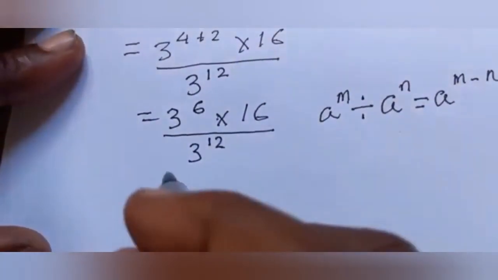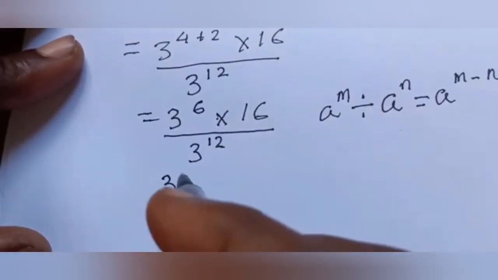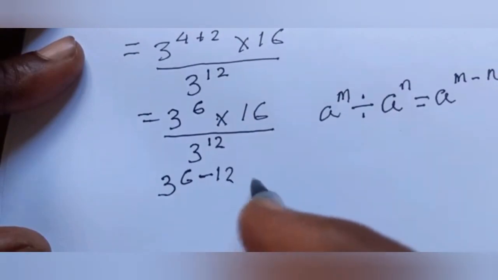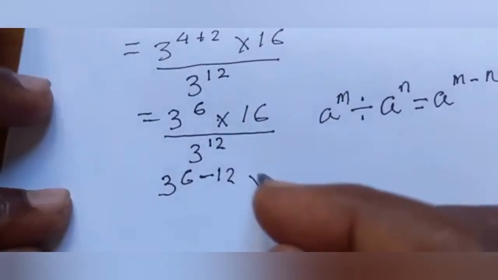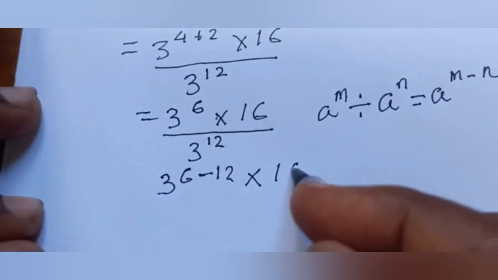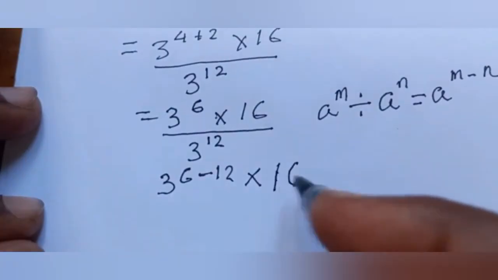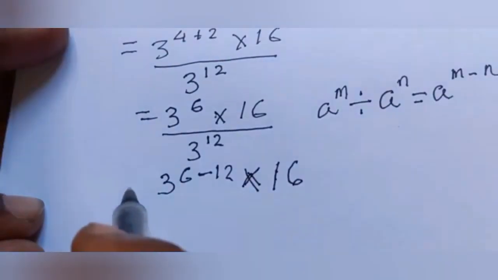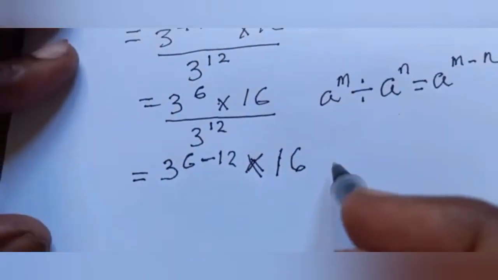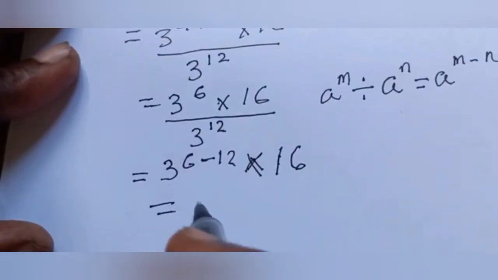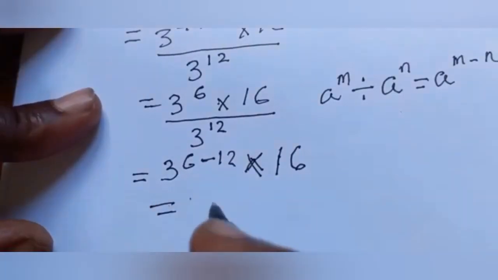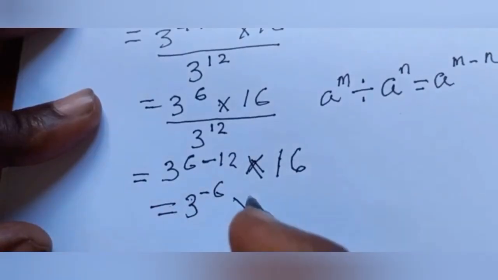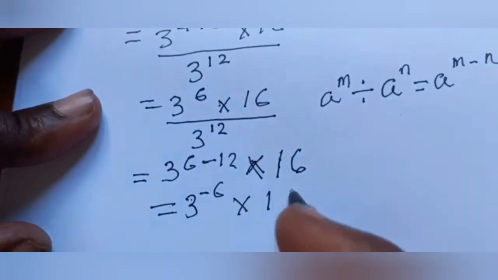So we have 3 raised to power 6 minus 12 times 16. So here, 6 minus 12, we get negative 6. 3 raised to power negative 6 times 16.